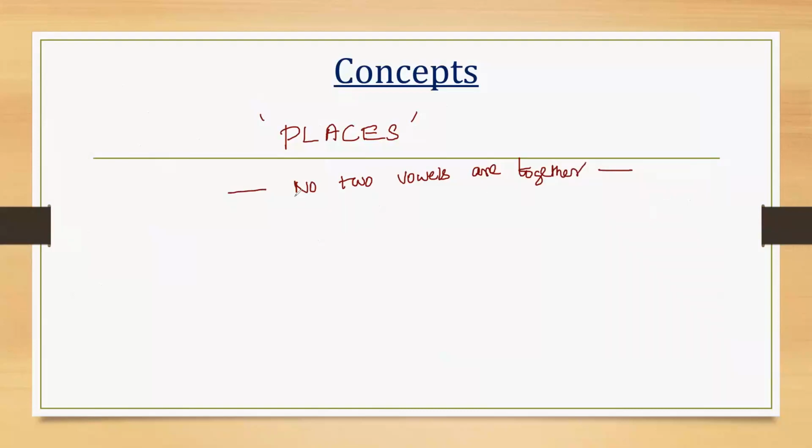What is the answer here? How many ways can the word PLACES be arranged such that no two vowels are together?